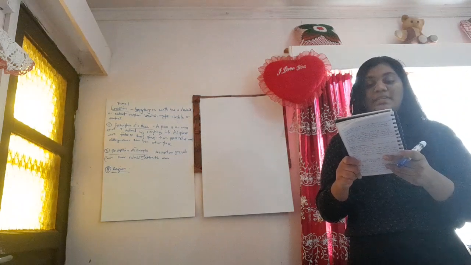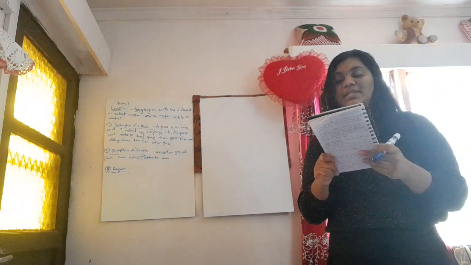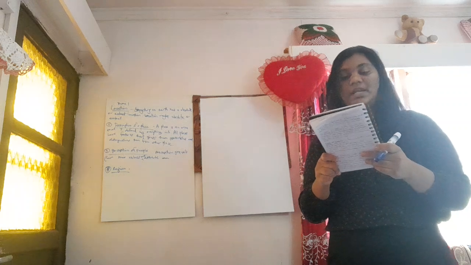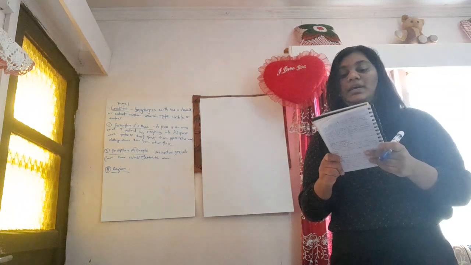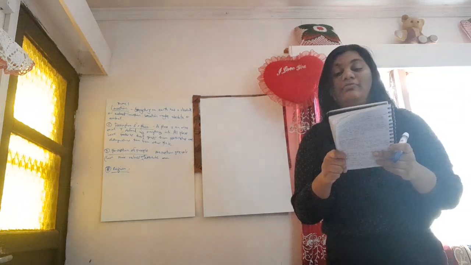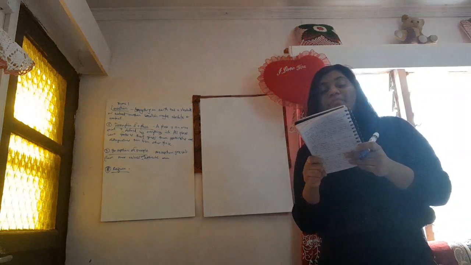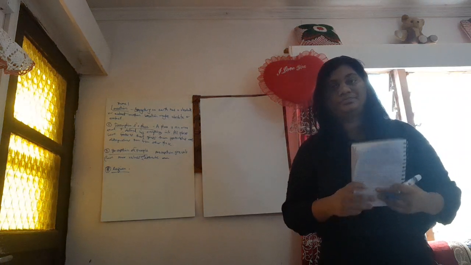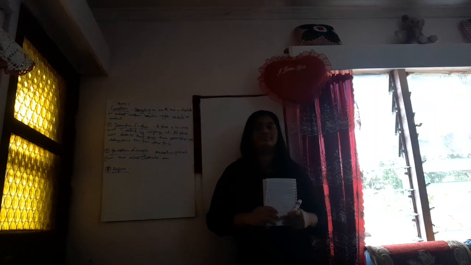A region displays a coherent unity in terms of the government, language, or possibly the landform. There are three basic types of region, students, and this is what you learned in E11, I believe.